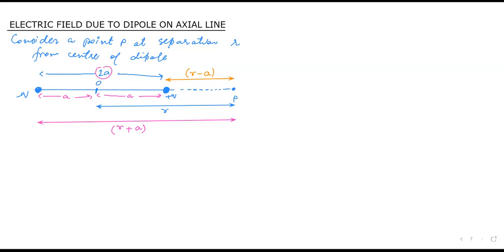Let's see again. First of all, we are going to take a dipole. This is your dipole. Then this is your charge of minus Q, and this is the charge of plus Q. What is the separation between them?